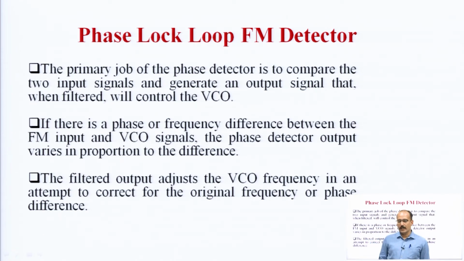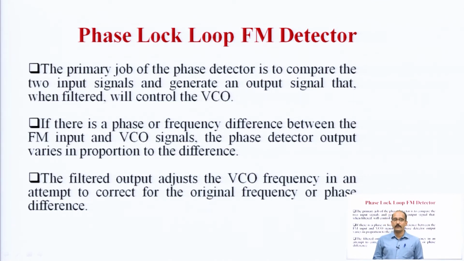So, you can see that the primary job of this phase detector is to compare the 2 input signals and generate an output signal that, when filtered, will control the VCO, the voltage controlled oscillator. If there is a phase or frequency difference between the FM input and the VCO signal, then the phase detector output varies in proportion to the difference, as I told you. Then this filtered output adjusts the VCO frequency in an attempt to correct the original frequency or phase difference.